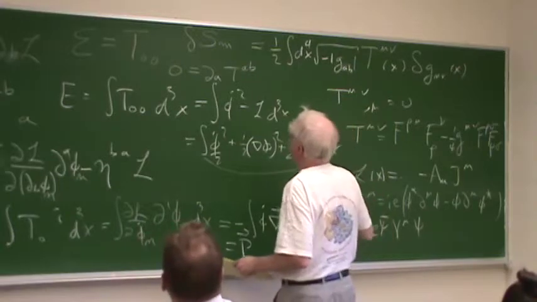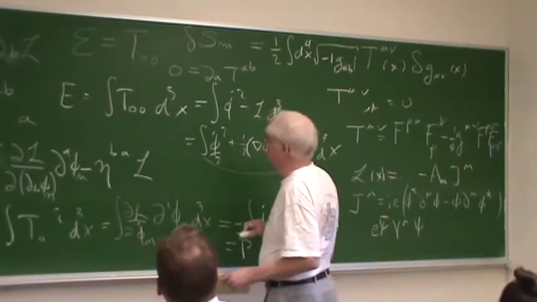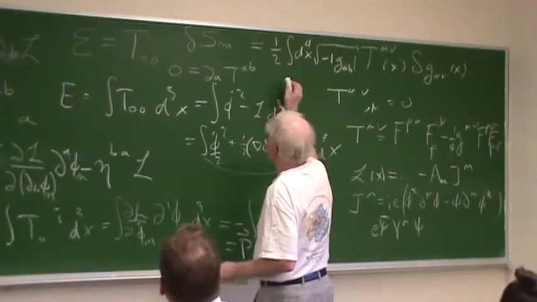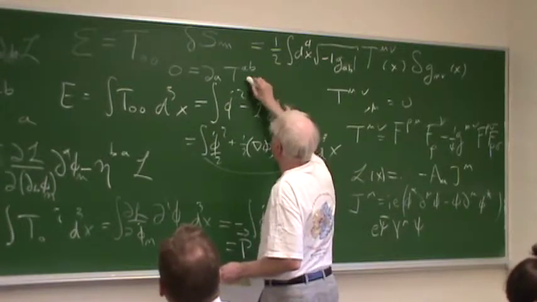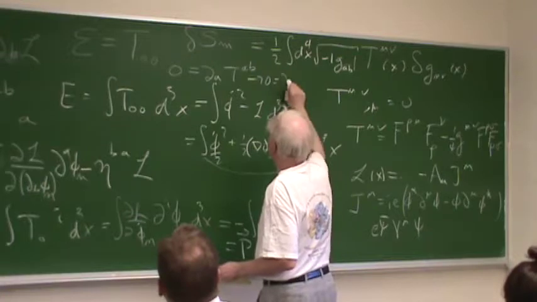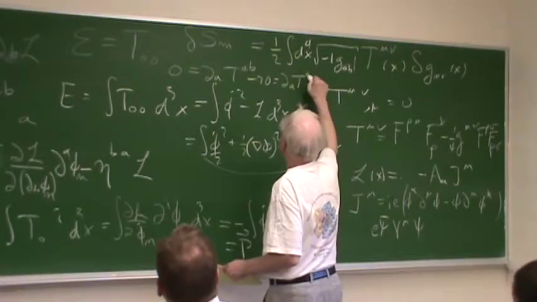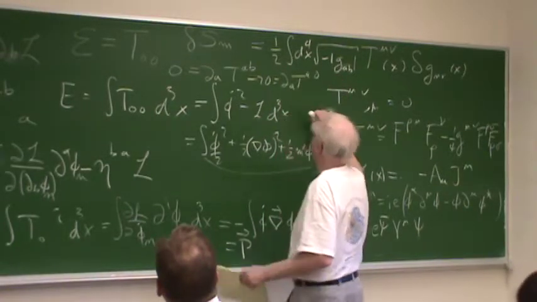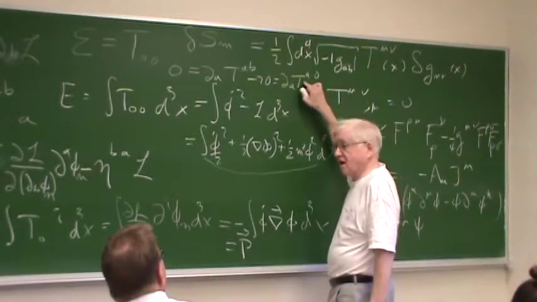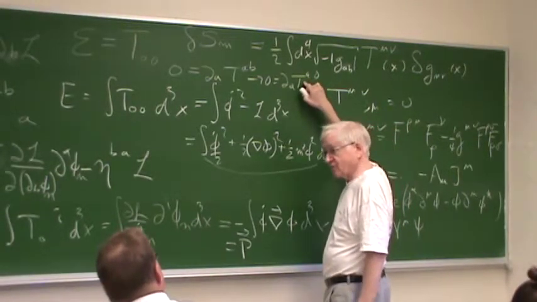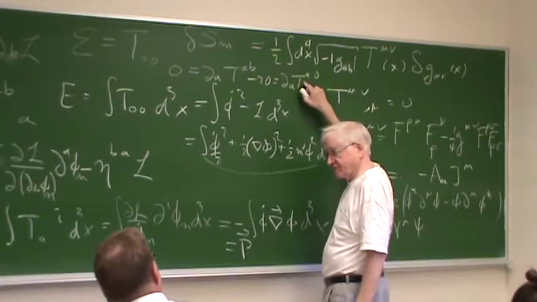So if we're talking about energy, then this would be 0 is dA, TA0. So Ti0 would be a current of energy. It would be the energy flowing out through the surface.